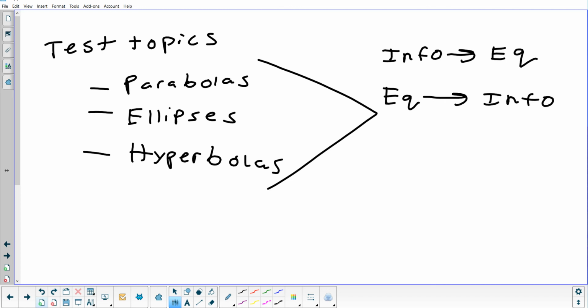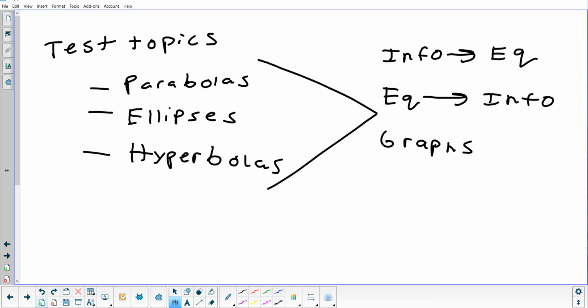It's different for each conic. So for an ellipse, I'm looking for the major axis, vertices, foci, center. For hyperbolas, I'm looking for transverse axis, vertices, foci, center, asymptotes. You can get all that information from the equation. And then you should be familiar with the graphs: how to either graph something, or if I give you a graph, you can tell me the equation.